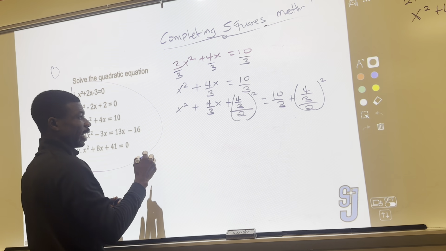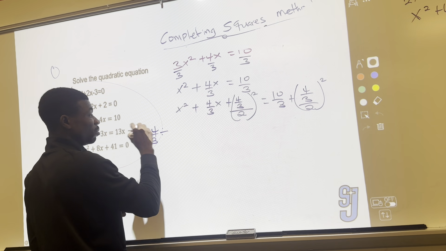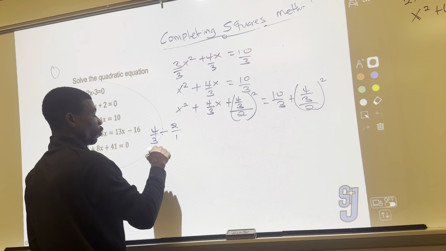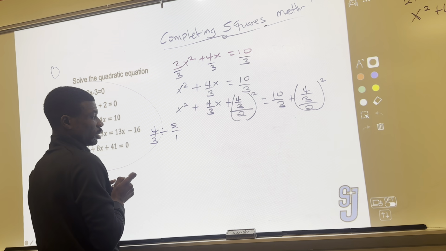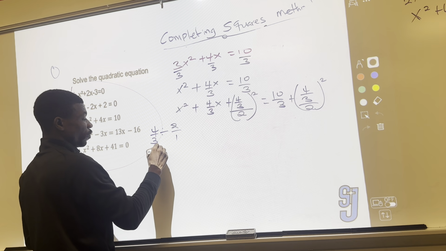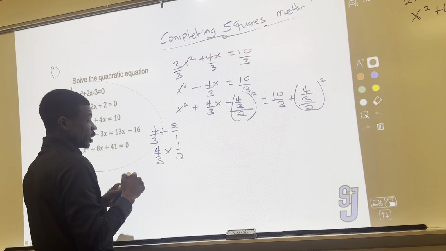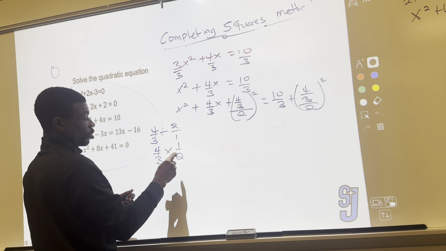It's more or less like I have 4 over 3 divided by 2 over 1. And so to be able to do this, I have 4 over 3 times 1 over 2, because I take the reciprocal of this.